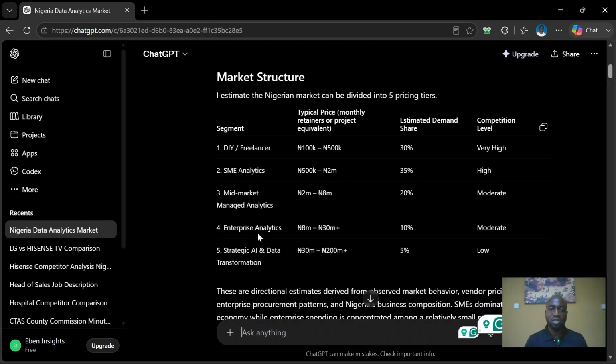Competition is moderate. Enterprise analytics, they charge 8 million to 30 million. Competition is moderate. Then for strategic AI and data transformation, they charge 30 million to 200 million, and they have low market demand and also low competition.